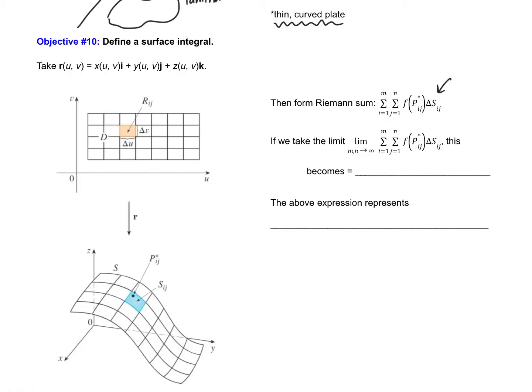This delta S is the area of one of the patches. So we're taking the function value at some point, and we're multiplying by the area of the patch, like we've done before. So if we take the limit as m, n approaches infinity of, again, the function value times the area of the patch, what that becomes is a surface integral of f(x, y, z) dS.